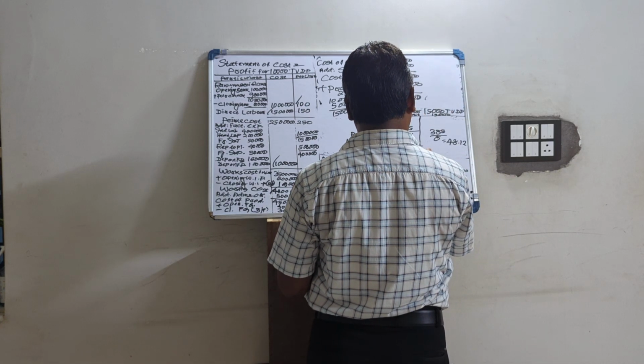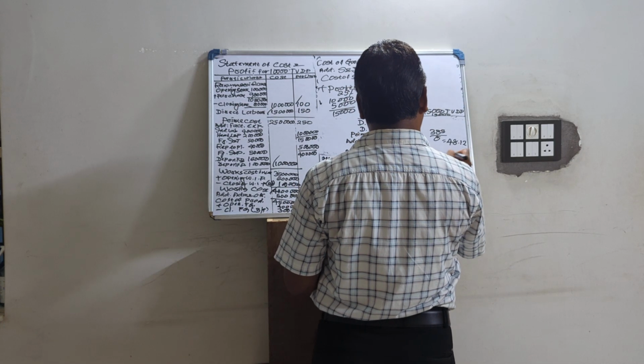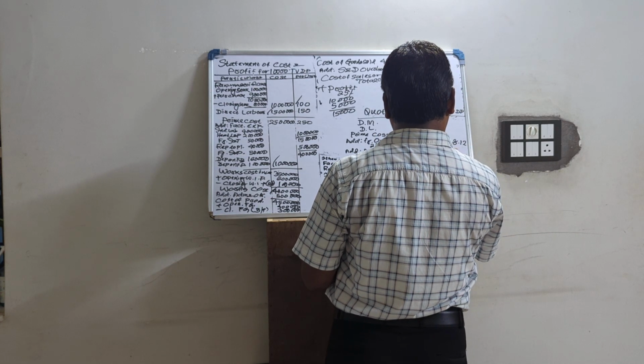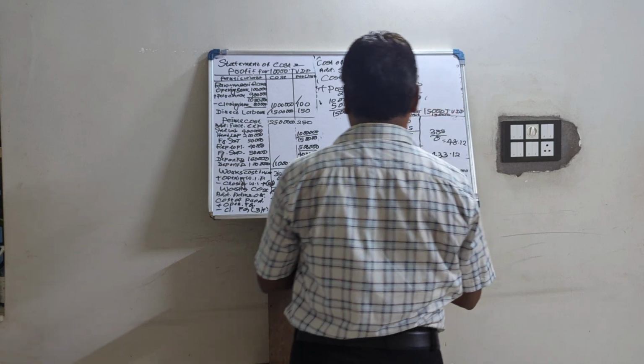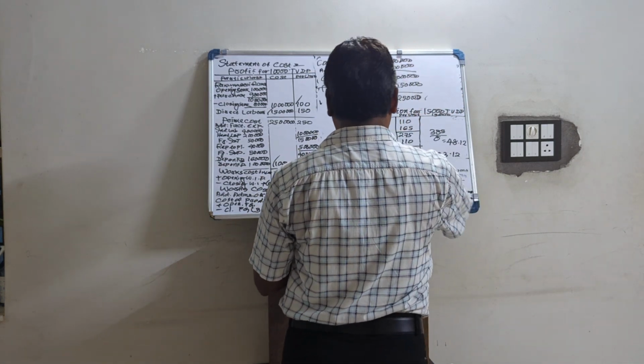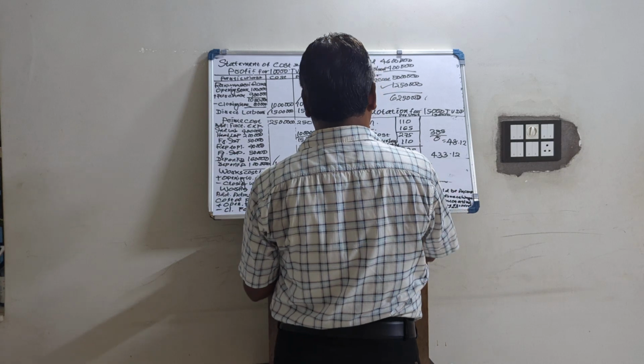So administrative overhead is 48.12. So it comes to 433.12. Then we will add the selling and distribution overhead.